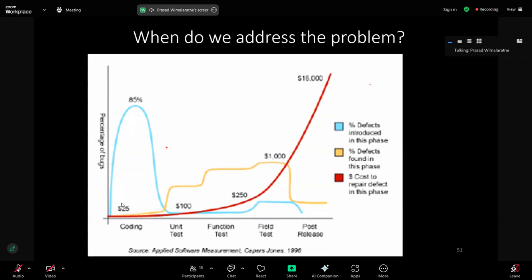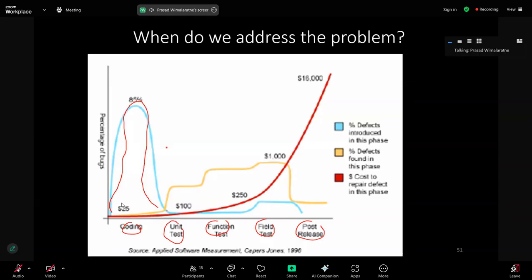If you look at this one, when do we address the problem? We have coding, unit testing, functional testing, field testing, and post-release testing, for example. These curves are just an indication of what happens. Look at the magenta line, defects introduced in this phase. You can see 85% of the defects are introduced in the coding phase.